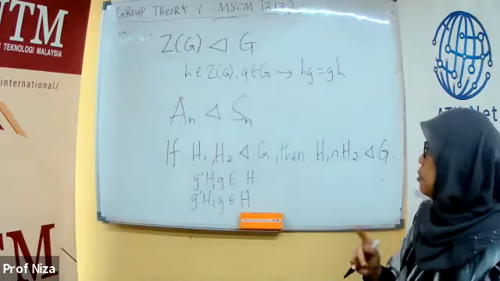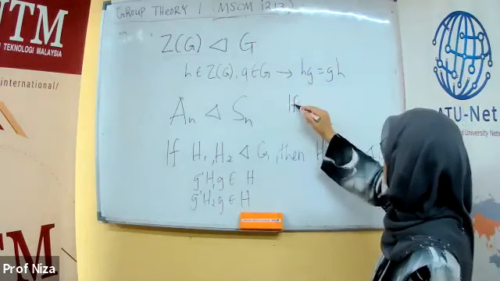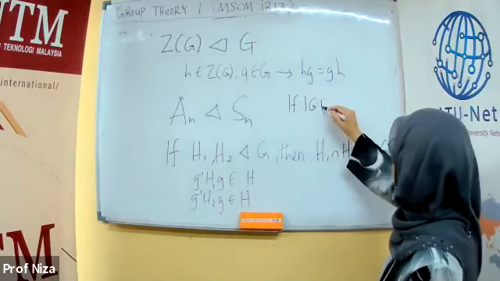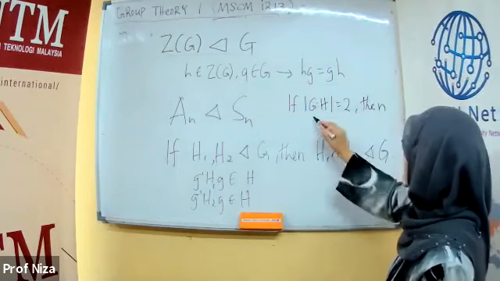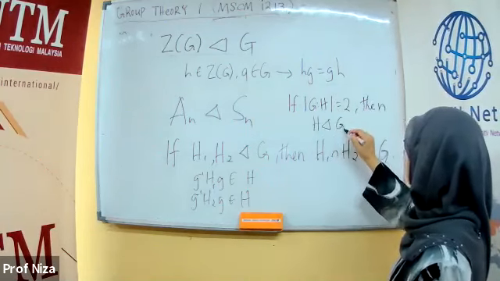Okay, this is very important. If the index of H in G is 2, then H is normal.